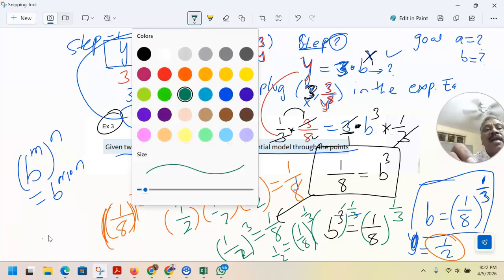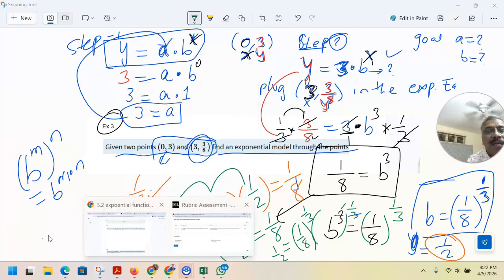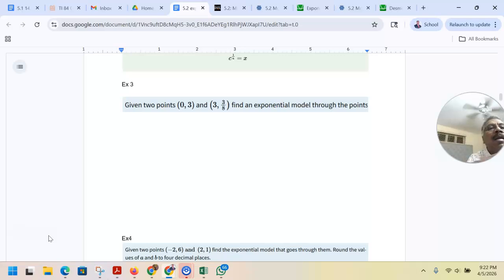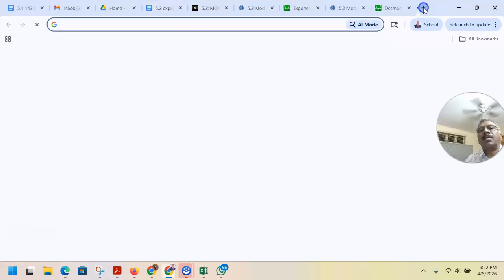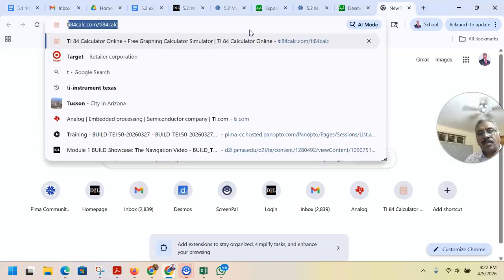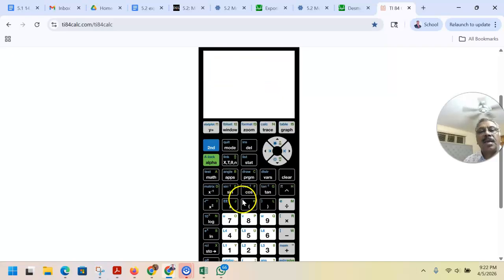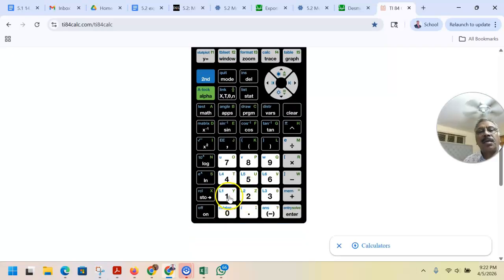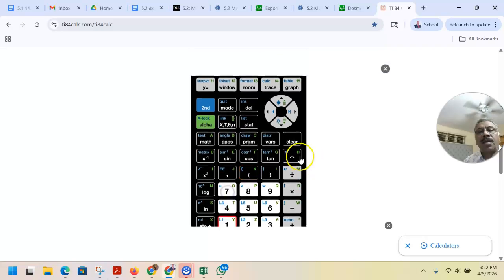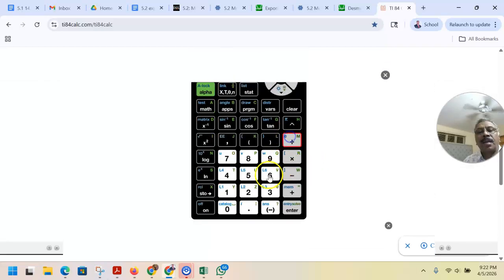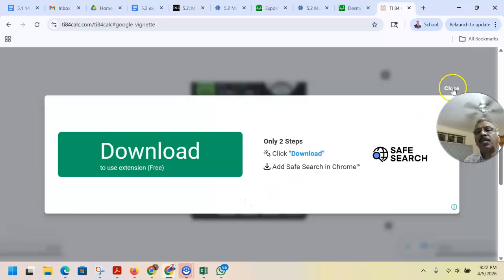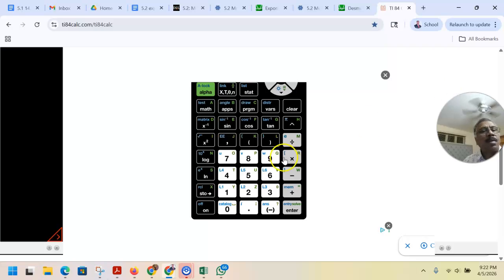You may get confused a lot, but as I always said, you don't have to worry. Just directly use the calculator. If you have this one, go here and type in parenthesis 1 divided by 8, close it, and then go up and put 1/3.